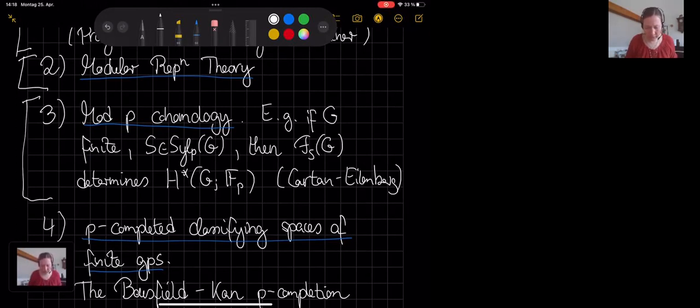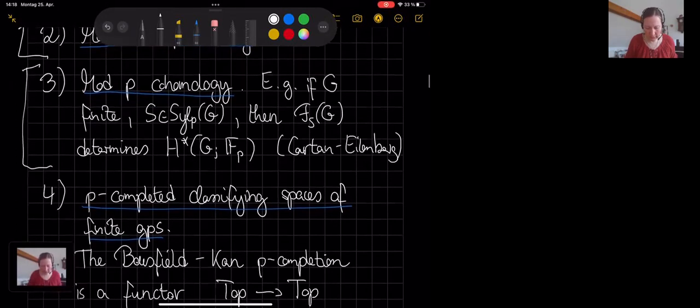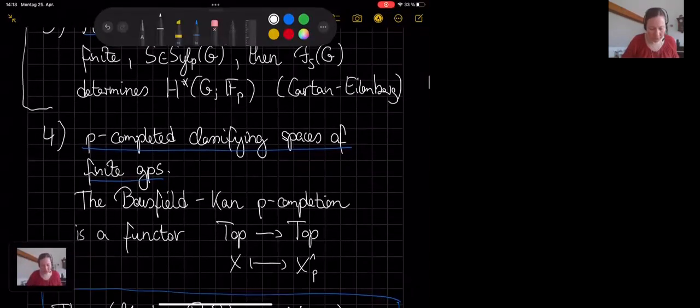For example, Quillen has reformulated some properties about mod p cohomology in terms of fusion in the group.